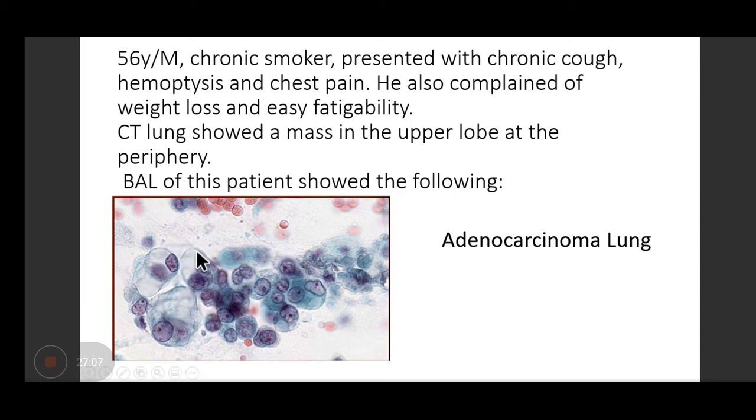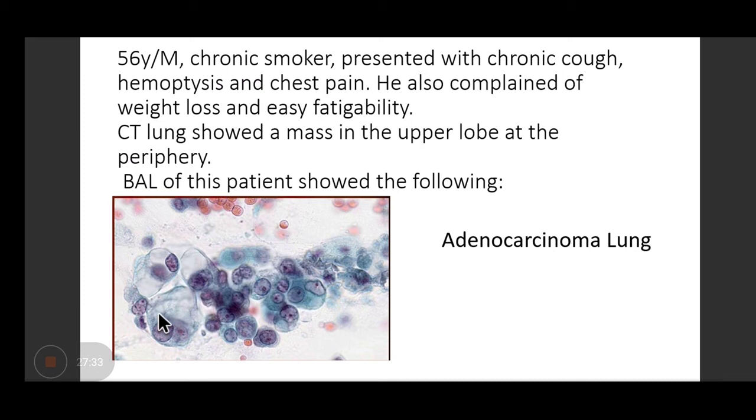In this photo, you can see firstly pleomorphic cells. Few of them are showing binucleation and multinucleation, and there are few cells which are very giant and bizarre. So the first thing which will come to your mind is that it is a malignancy.